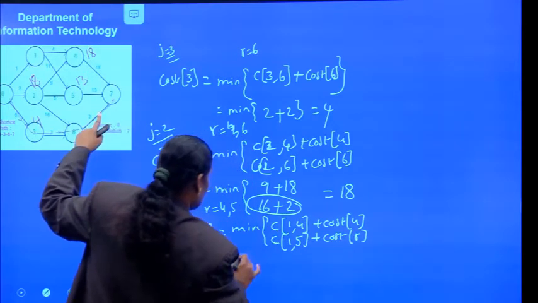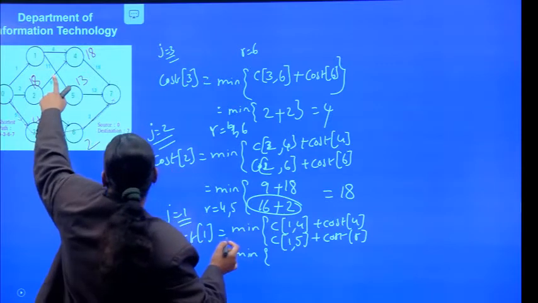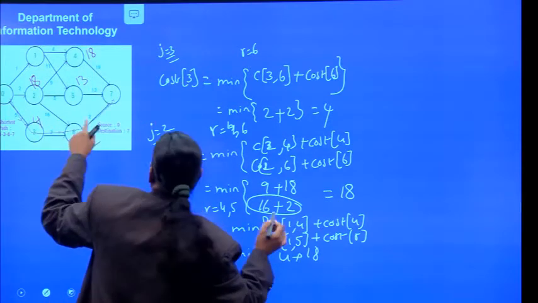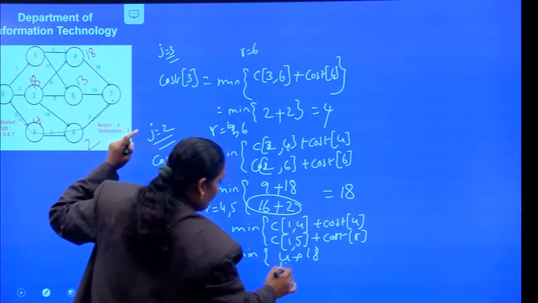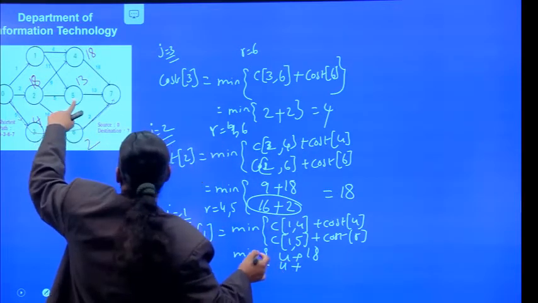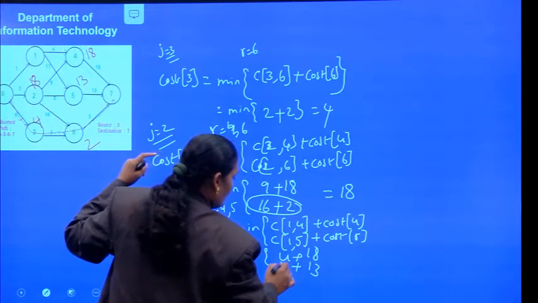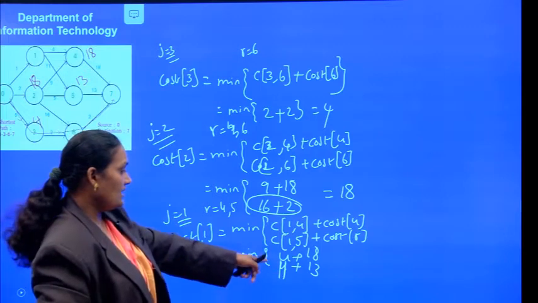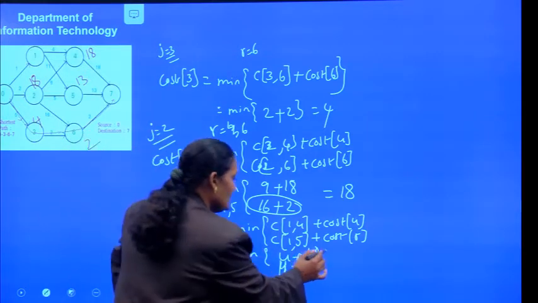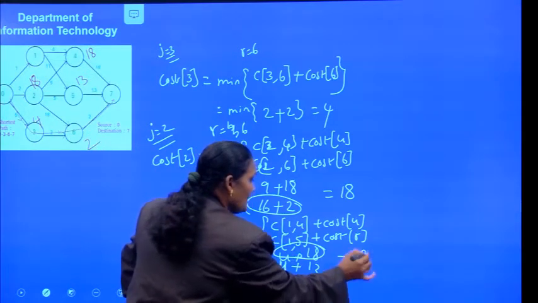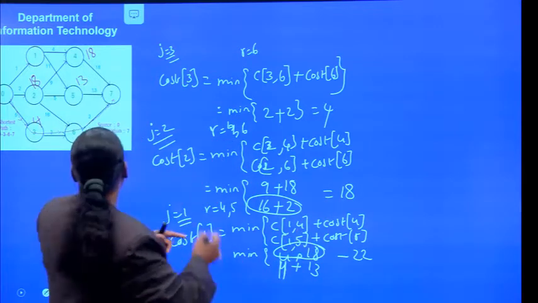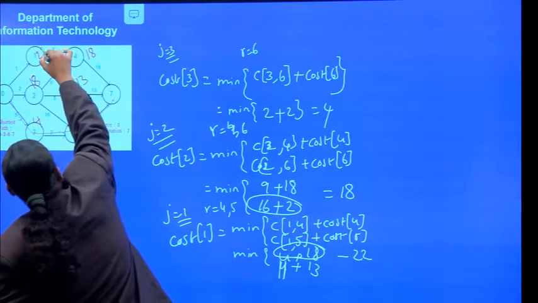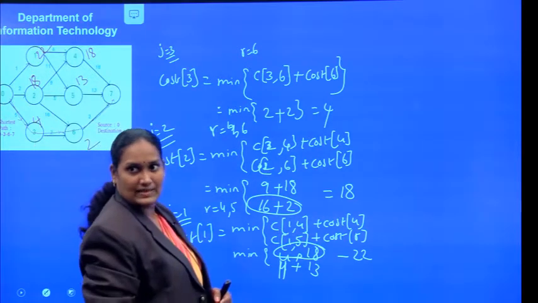What is C of 1, 4? 4 plus cost of 4, which is 18. C of 1, 5? 11 plus what is cost of 5? 13. This is 11 plus 13. Now here, which is the minimum value? This one is the minimum value, which is nothing but 22. So I calculated cost of 1 as 22.